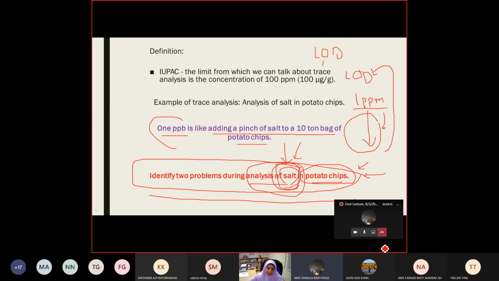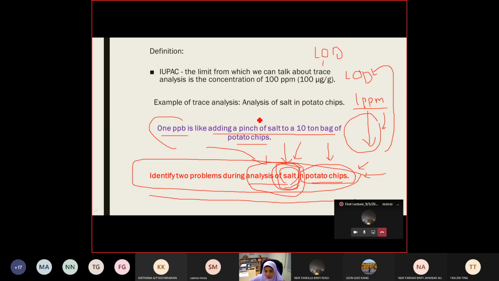Matrix. Okay, so that is the second problem, about your matrix. These potato chips will be too much, so it's not easy to detect the low concentration of your salt.